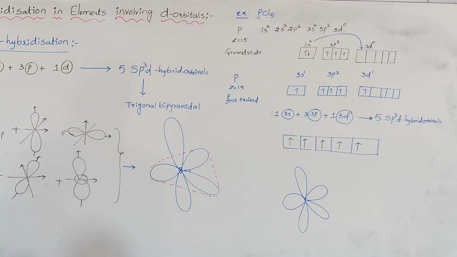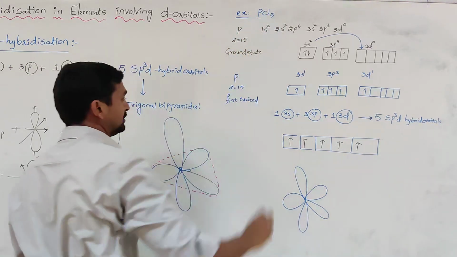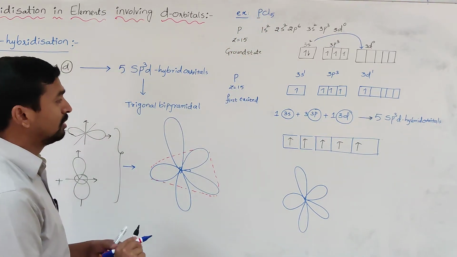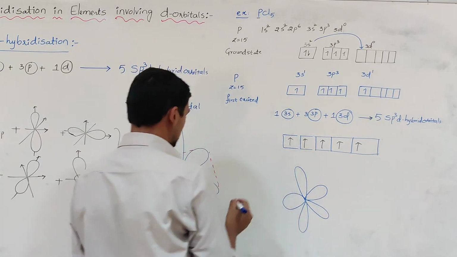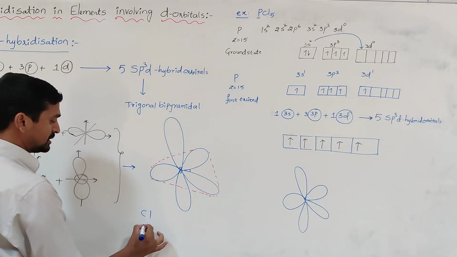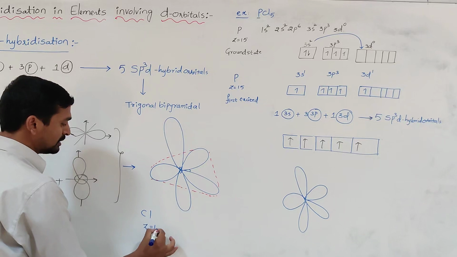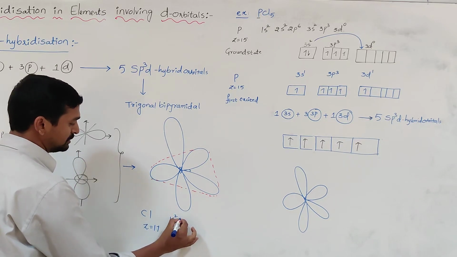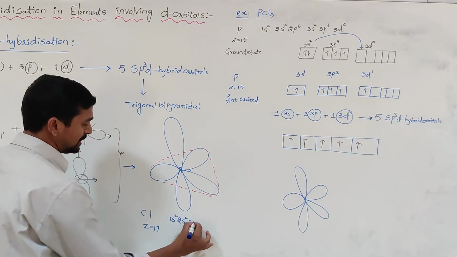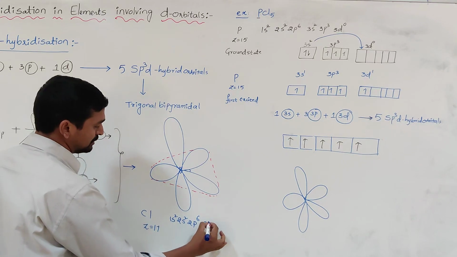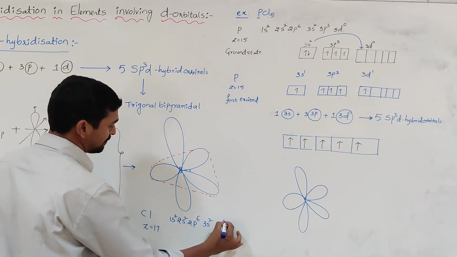Now, phosphorus is connected to which one? Chlorine. You know very well, chlorine Z is equal to 17, 1s2, 2s2, 2p6, 3s2, 3p5.